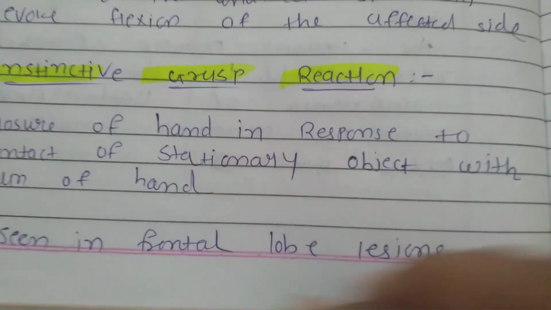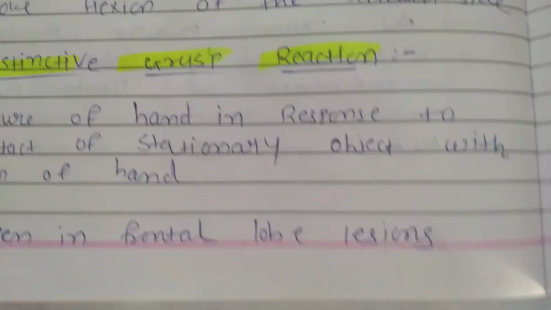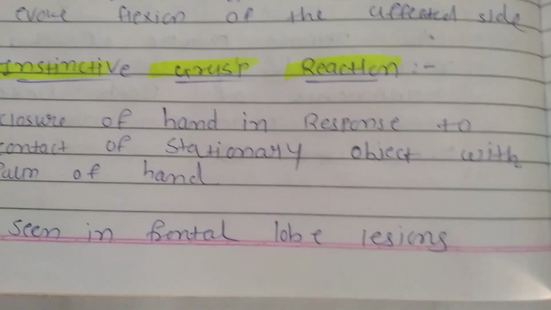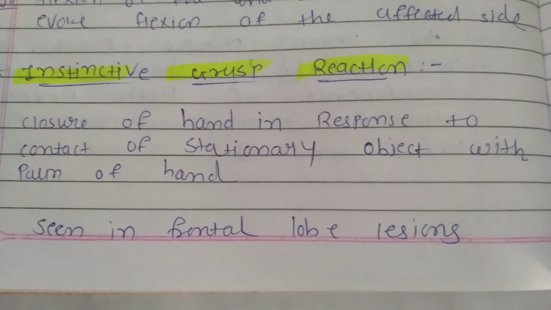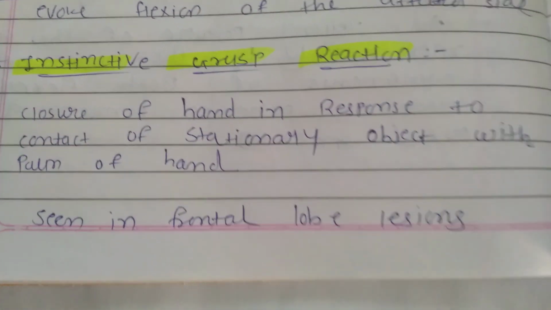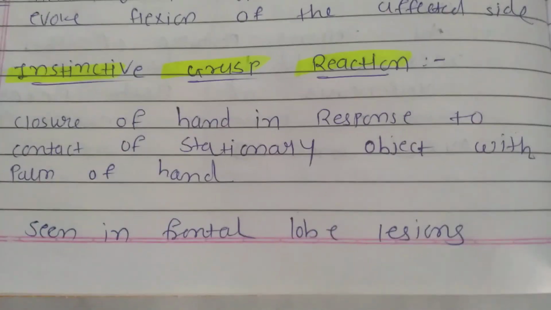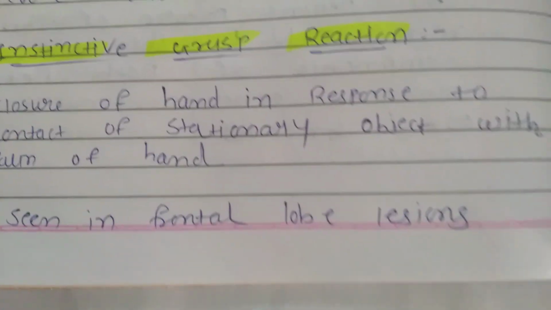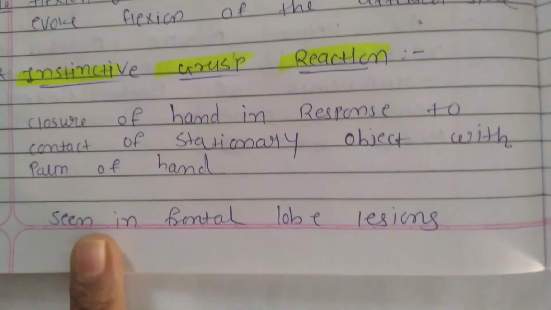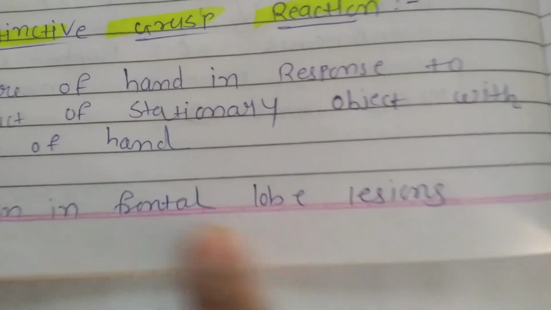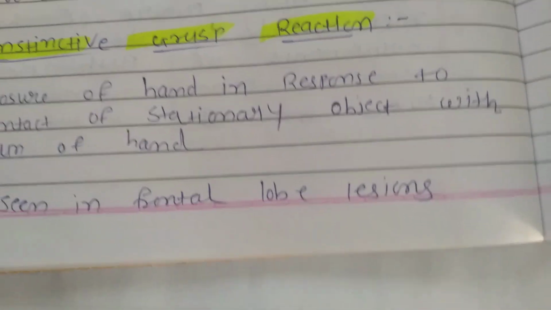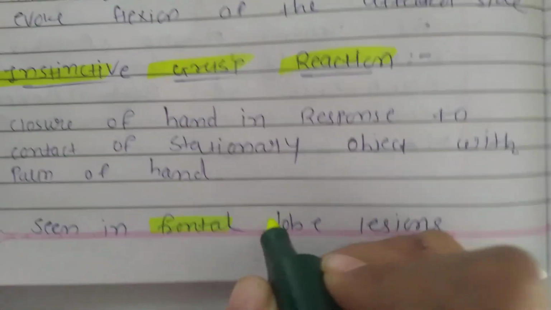If we put any object, there will be closure of the hand and flexion of the fingers. This is particularly seen in frontal lobe lesions.